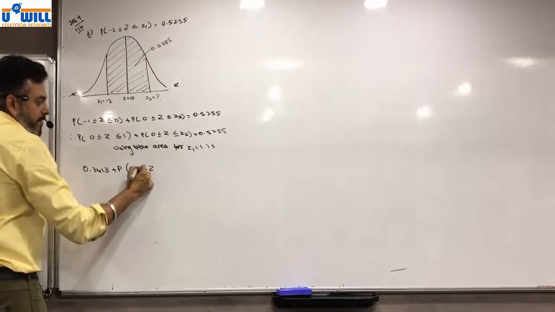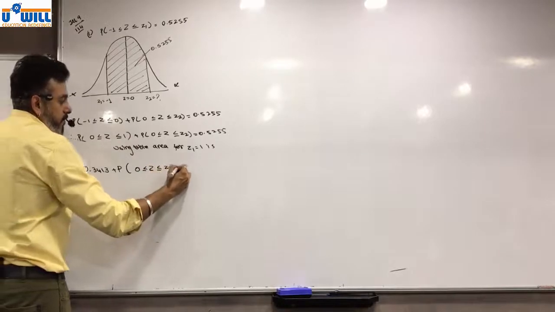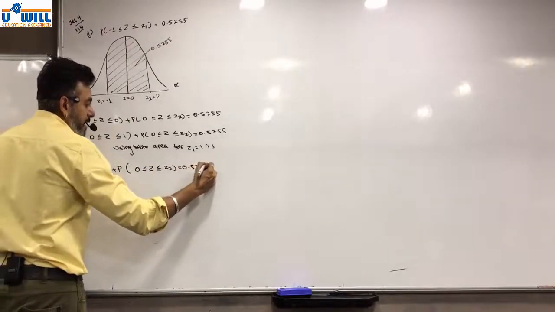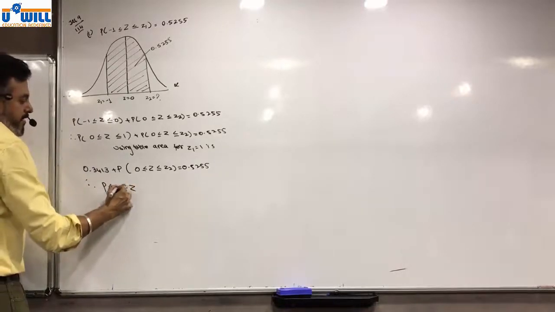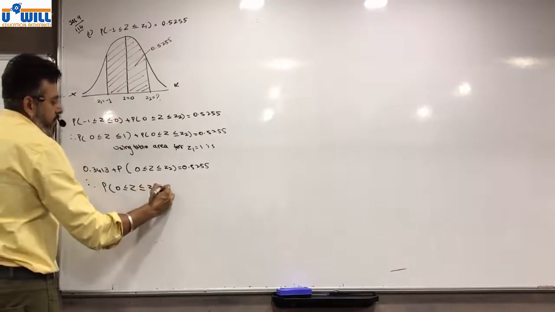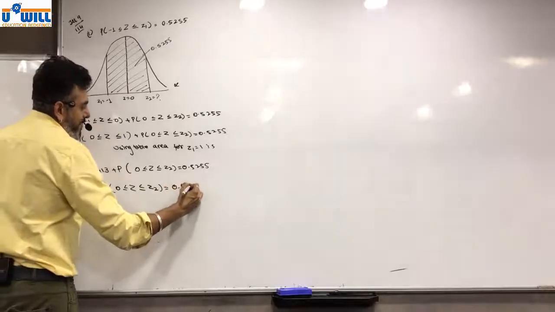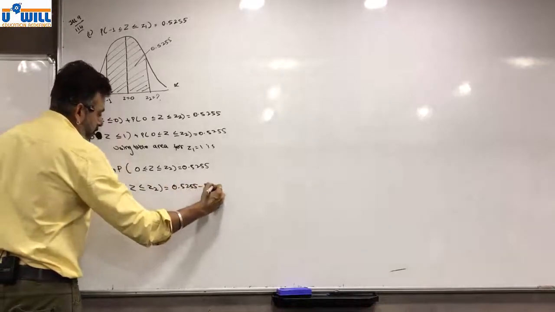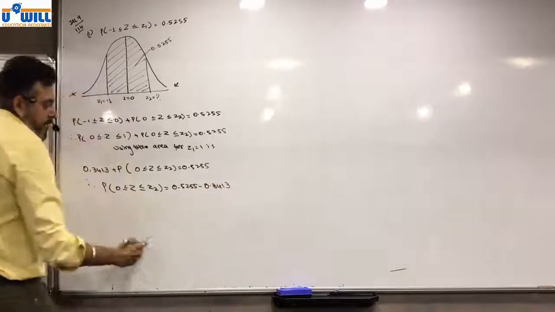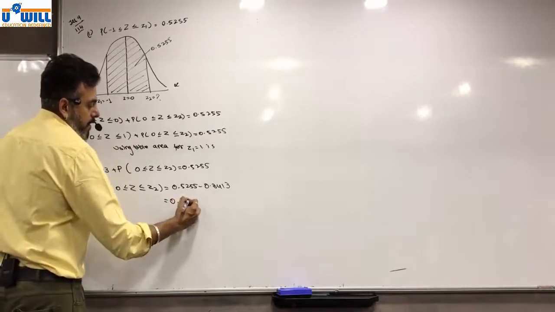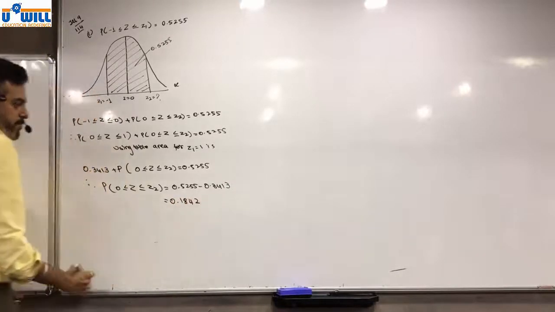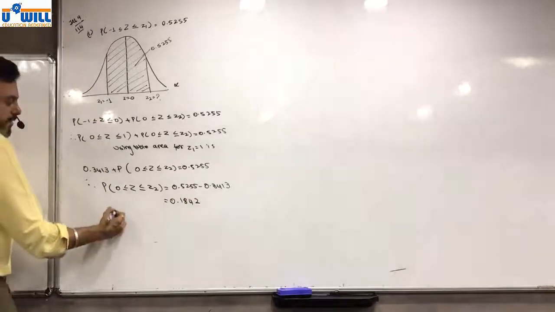Probability of Z greater than equal to 0 less than equal to Z2 is equal to 0.5255. Therefore, probability of Z greater than equal to 0 less than equal to Z2 is equal to 0.5255 minus 0.3413 is equal to 0.1842.